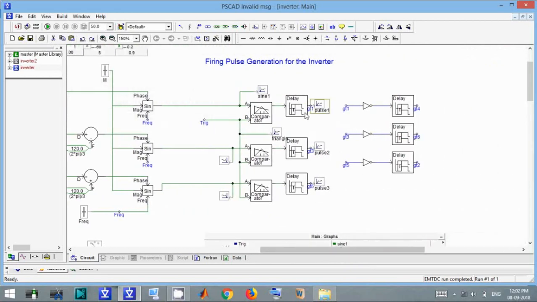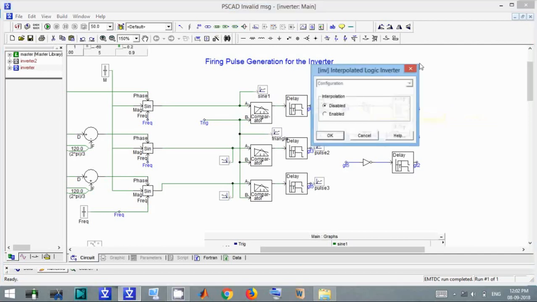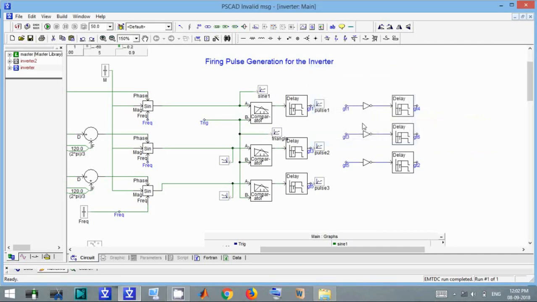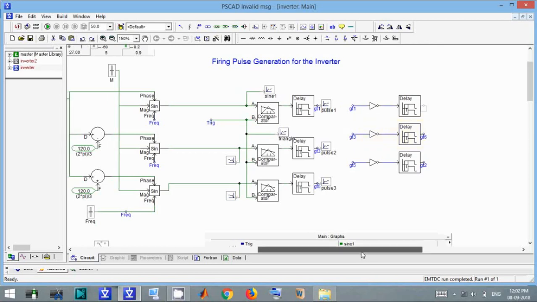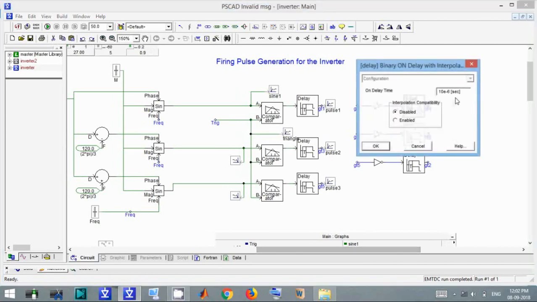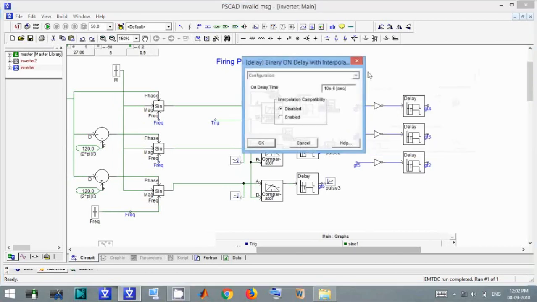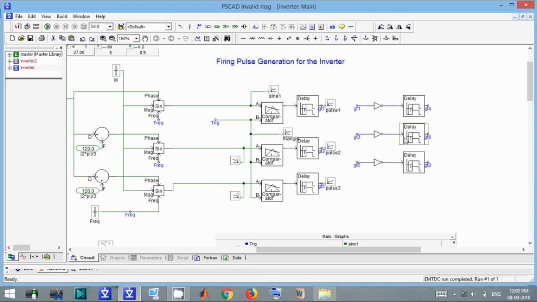So for that, IGBT gate signal 4 comes through a NOT gate. NOT gate means when the gate 1 pulse is 1, the gate 4 pulse will be 0. The delay is given at the same time, and you can avoid this delay also.